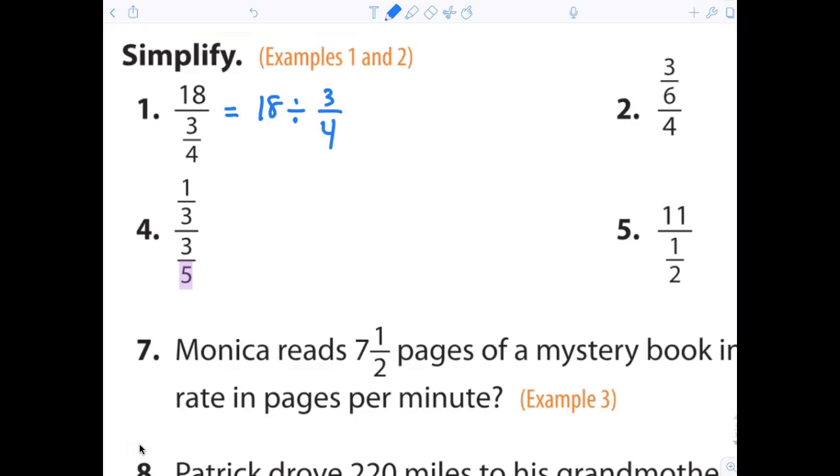That literally just means 18 divided by 3/4. Is everybody good on this? And we know how to divide fractions because division is the same as multiplying by the reciprocal. So now on your paper, I want you to write equals 18 times 4/3. 18 times 4/3.